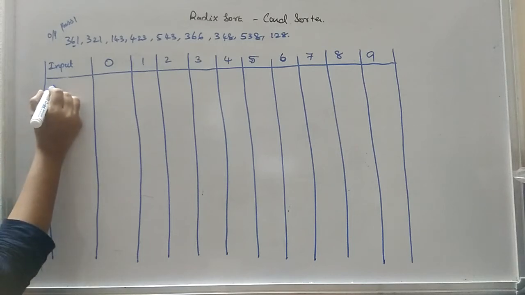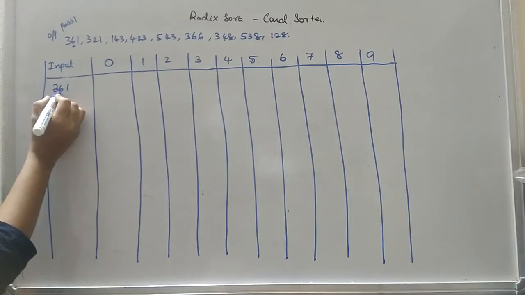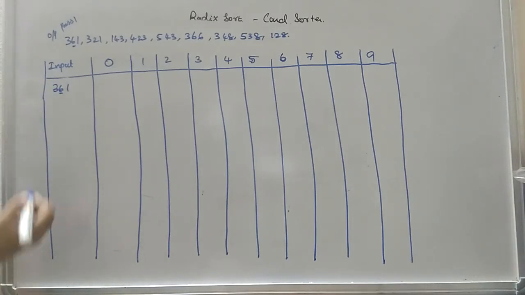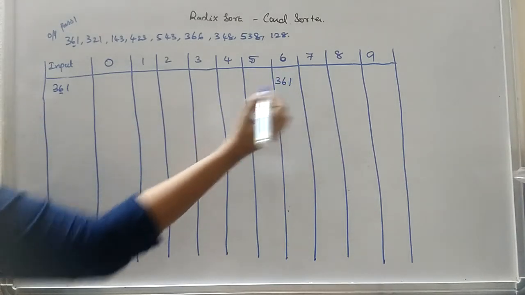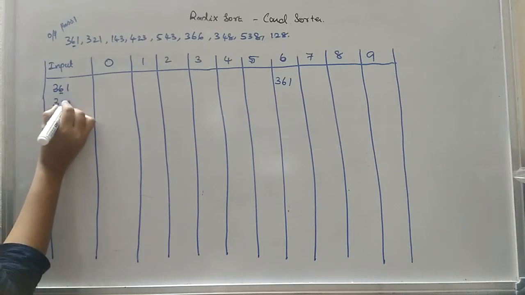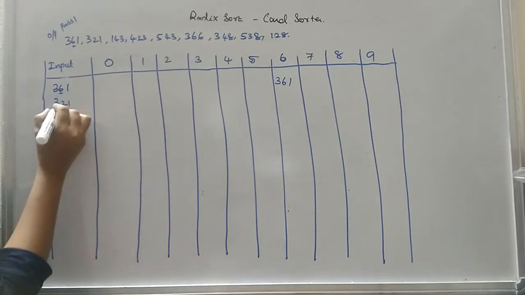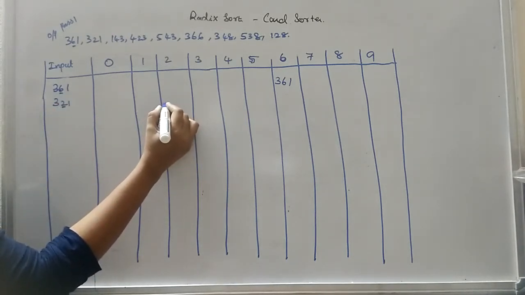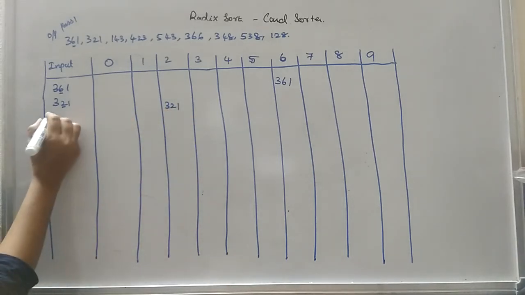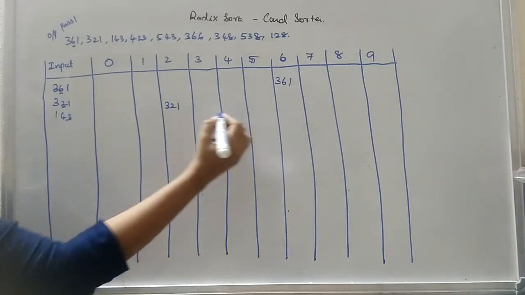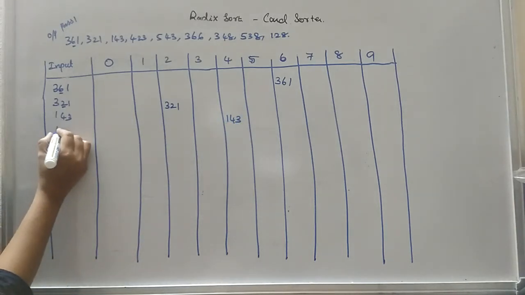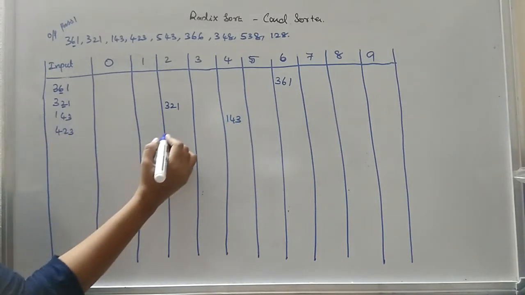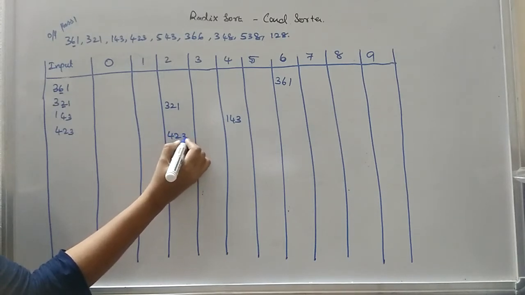You can write here 361, which means the 10th place is 6, so you have to write it here. 361, and then 321, right? So you have to put it here. Then 143, you have to write it here, and then 423, you have to write it here.